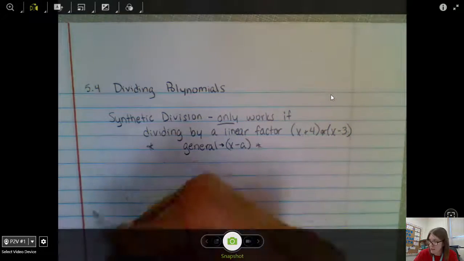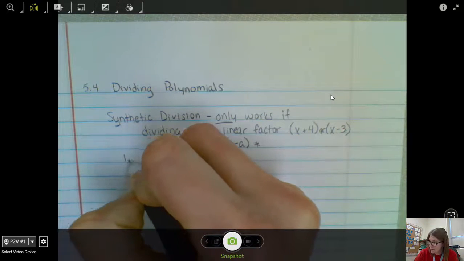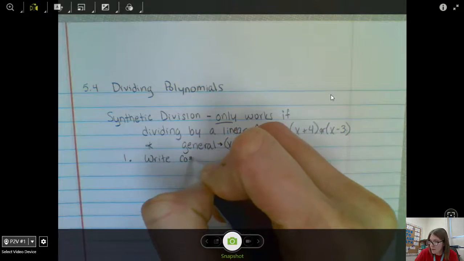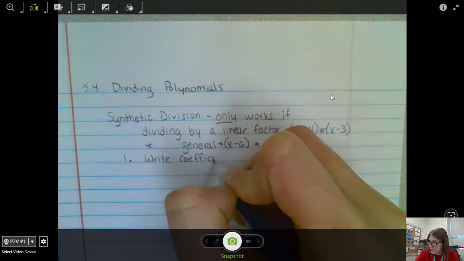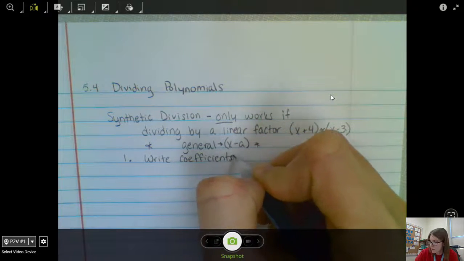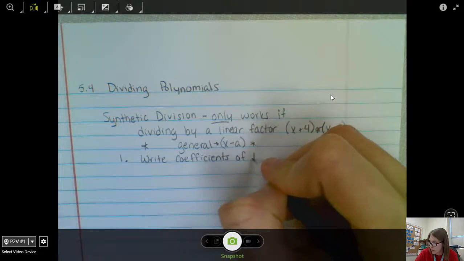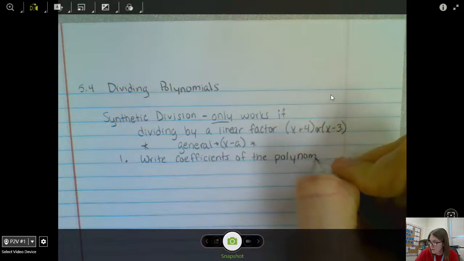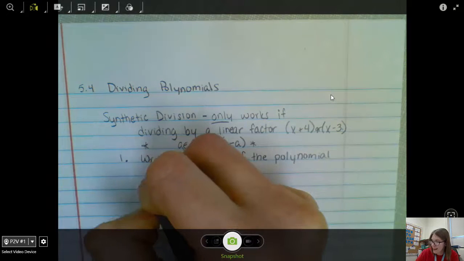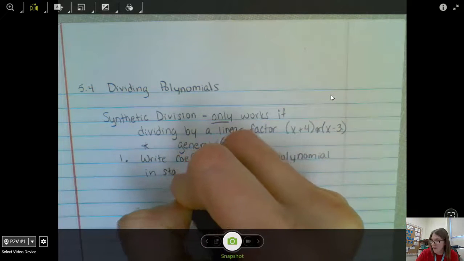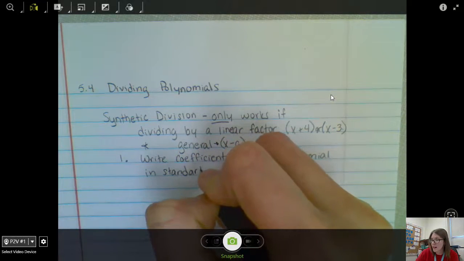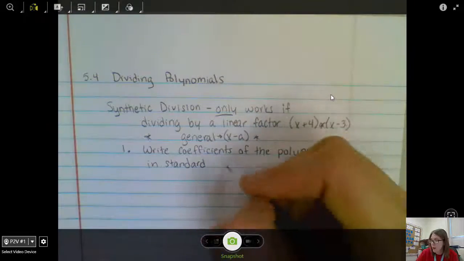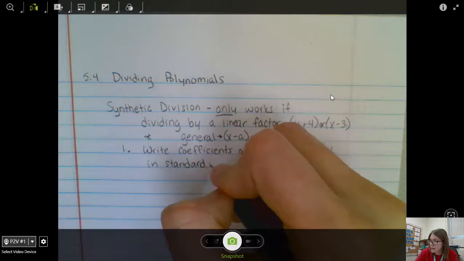Okay, here are our steps. Step number 1: write the coefficients of the polynomial in standard form. Remember that means our exponents are in decreasing order.